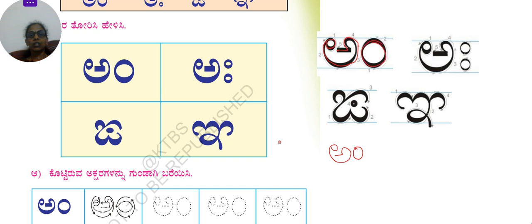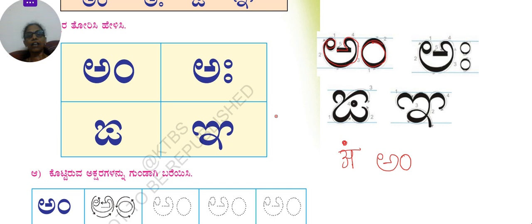And then you just put a circle here. And in Hindi you write it like this. So first you write A, stroke 1, 2, 3, 4, 5 and then 1 stroke.